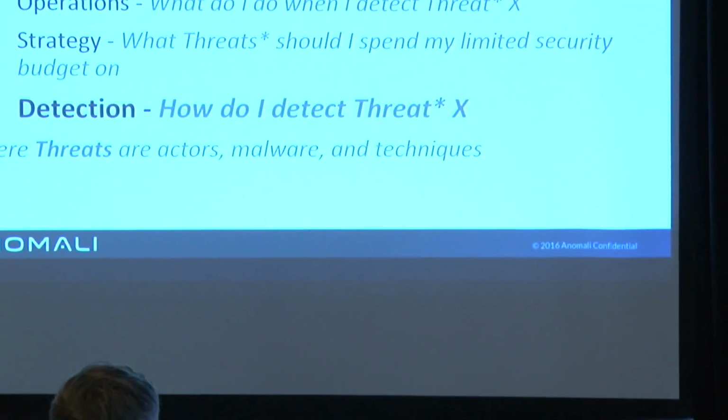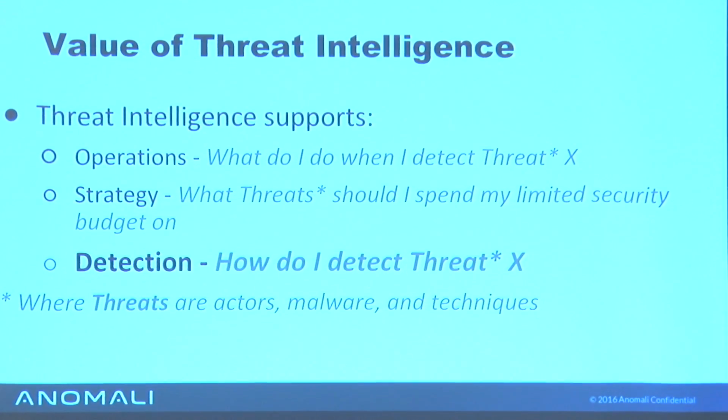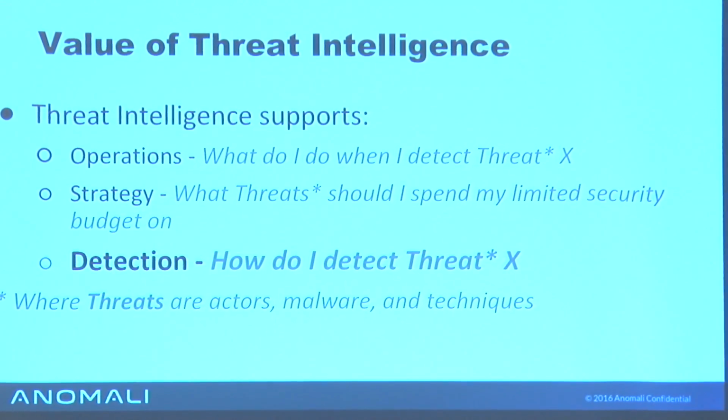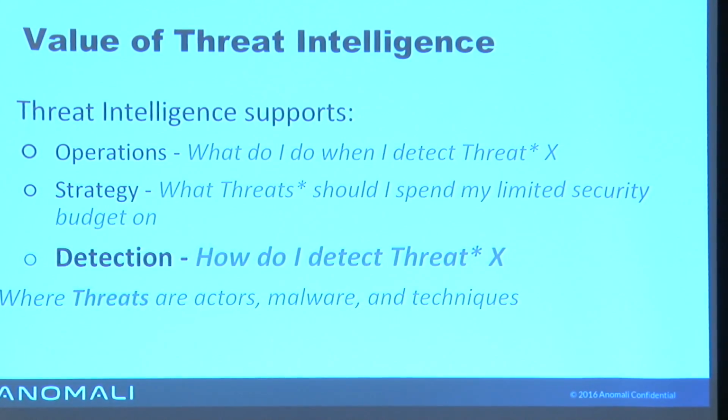If we take a step back and think about it, threat intelligence can really support three different functions: operations, strategy, or detection. In the operational world, your threat intelligence data is helping you with what do I do when I detect threat X, whether that's an actor, a piece of malware, or exploit kit, or what have you.